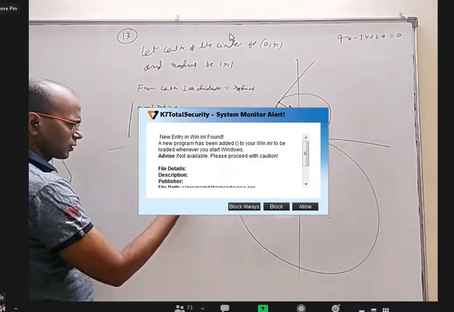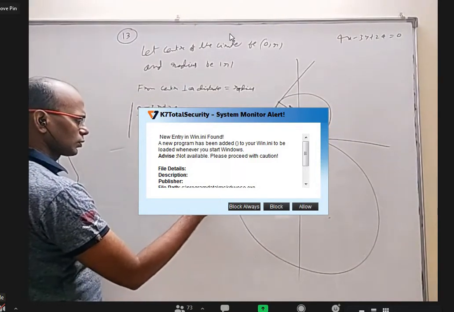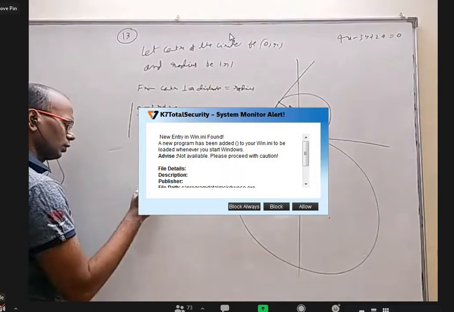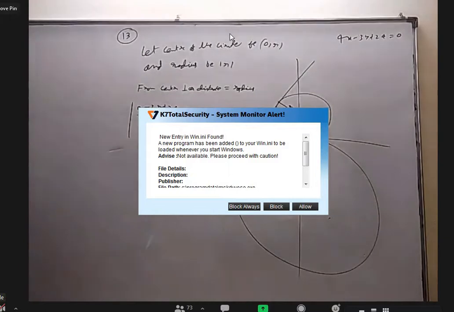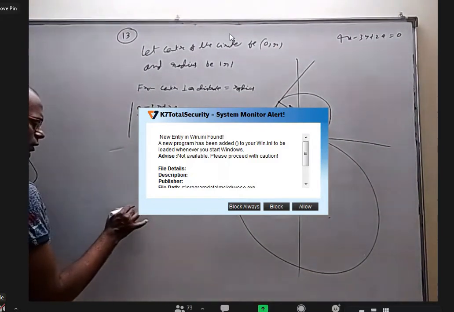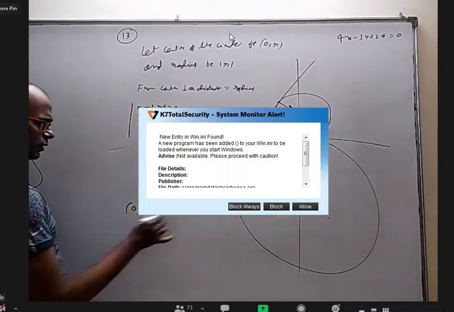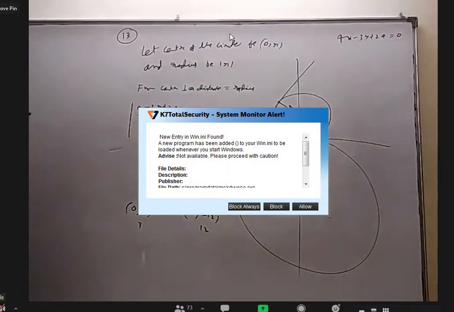If I take minus, I will get 2r equal to minus 24. So r equal to 3 and r equal to minus 12. At r equal to 3, center is 0, 3 and radius 3. If r equal to minus 12, center is 0, minus 12, radius 12.